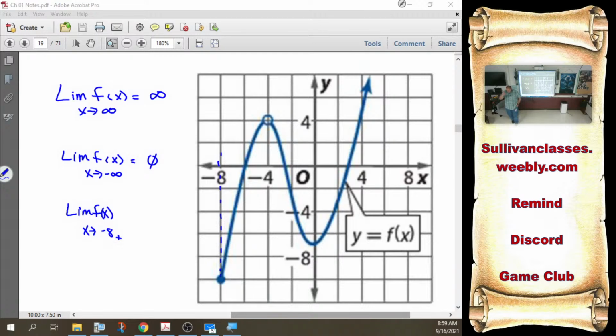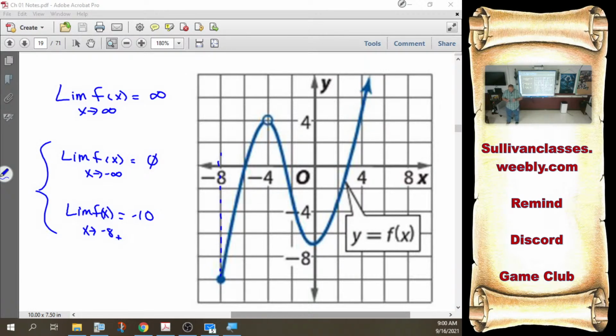So we say a little subscript plus on there. The limit as x approaches -8 from the right is -10. Okay. As we approach -8 from the right. Both of these are equally correct.